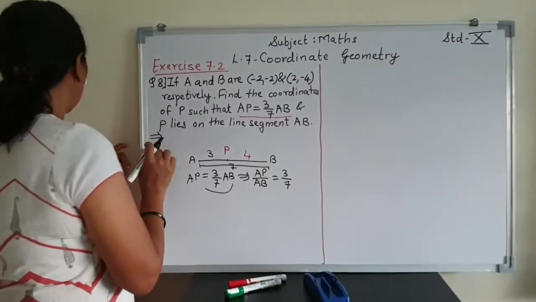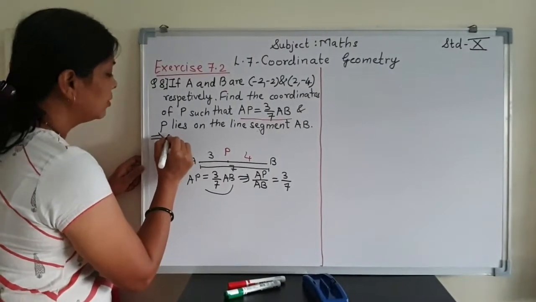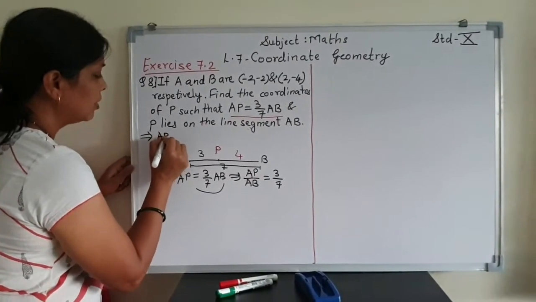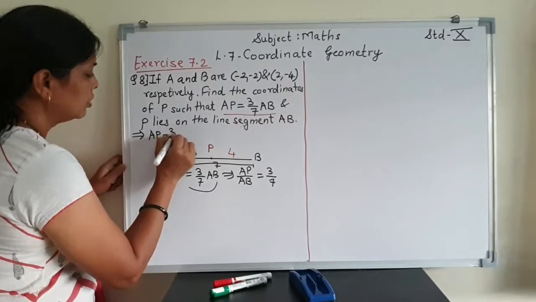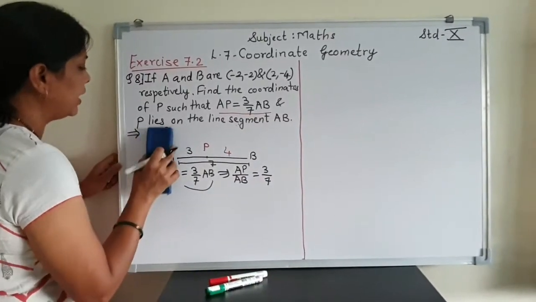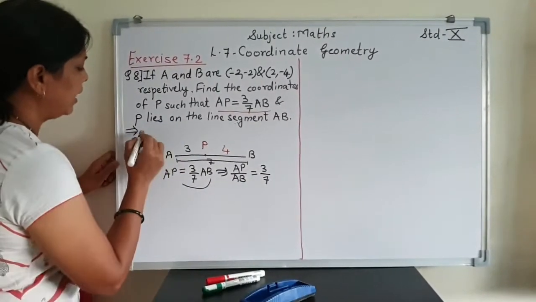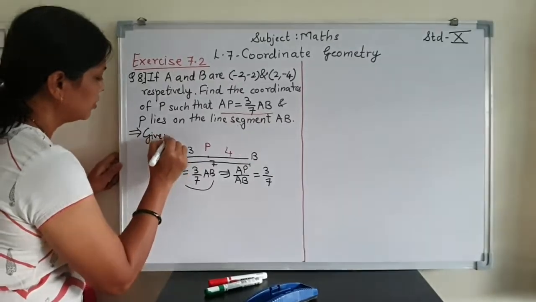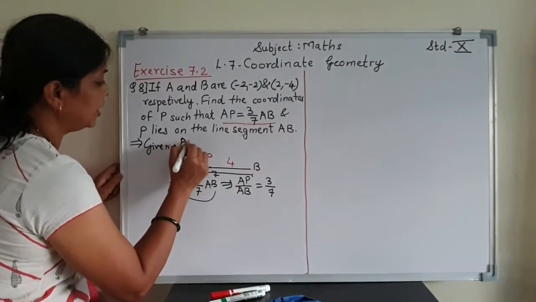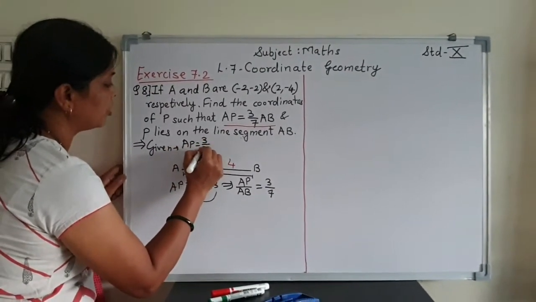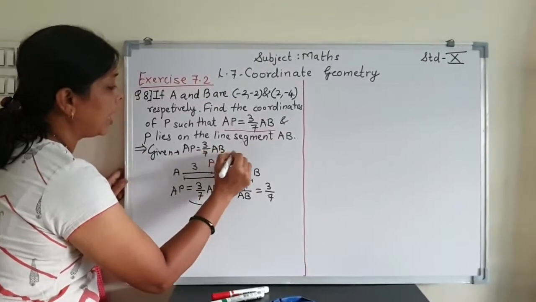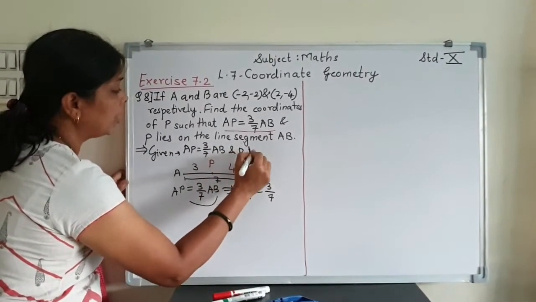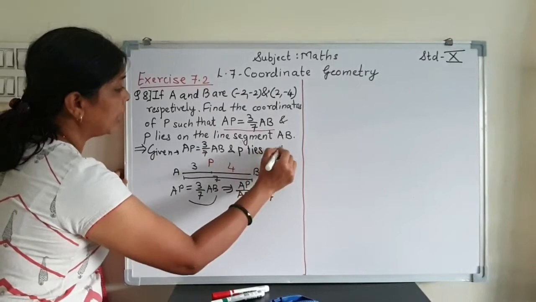Given AP is equal to 3/7 AB and P lies on AB.